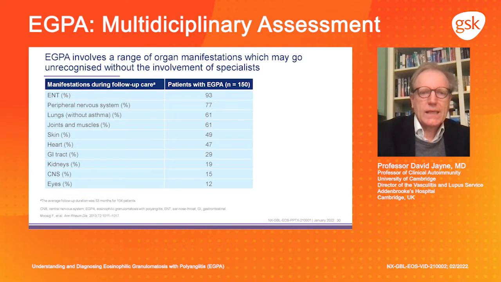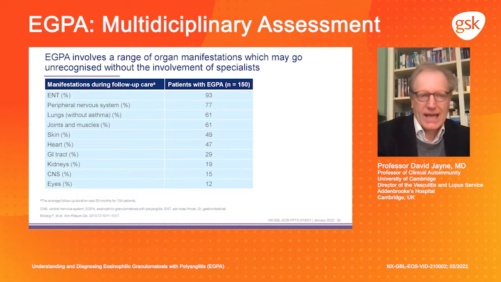So we've talked already about the range of organ manifestations and the need for specialists in each of the disease areas, both to accurately assess that the symptoms in that disease are being caused by EGPA rather than another cause, but over time also to support the treating physician with their assessment as to whether the disease in that particular organ is active or not.